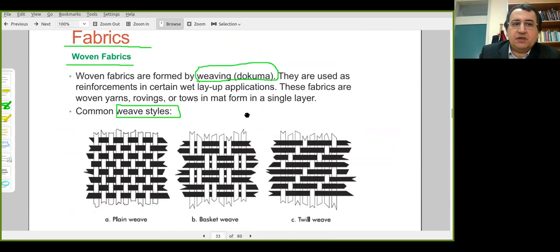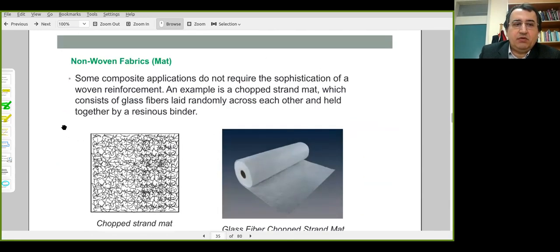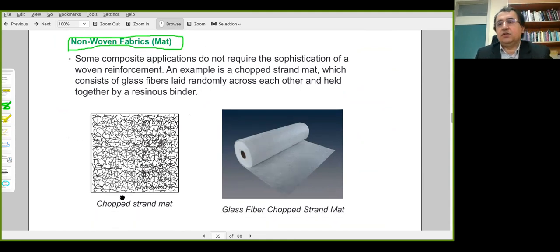These are woven fabrics. Non-woven fabrics are not as strong as woven fabrics, but they can still find certain applications where the applied stresses are not that critical. One of them was chopped strand mats, where you mix chopped fibers with liquid resin, and this can then be solidified to produce such a chopped strand mat.